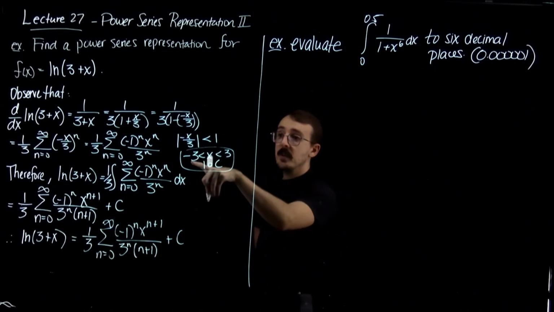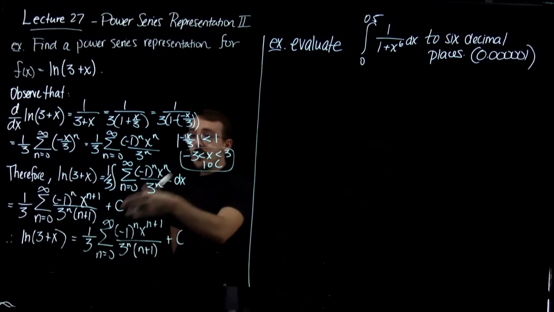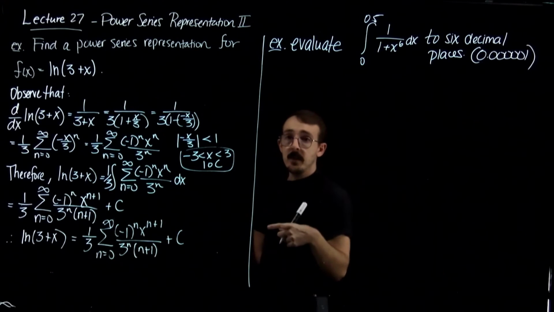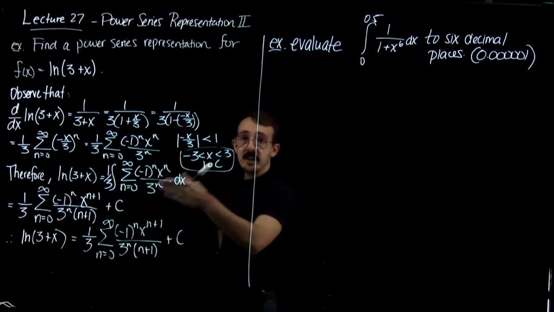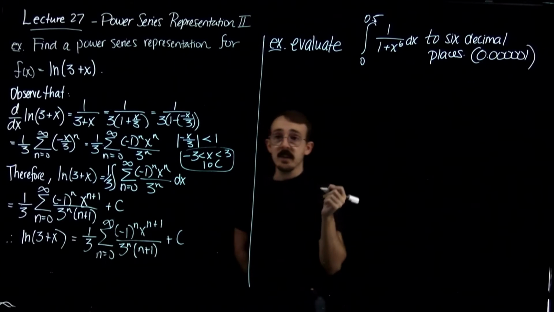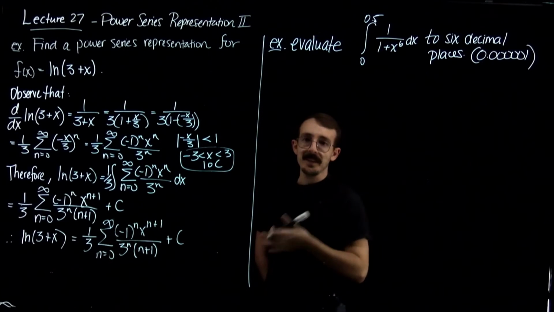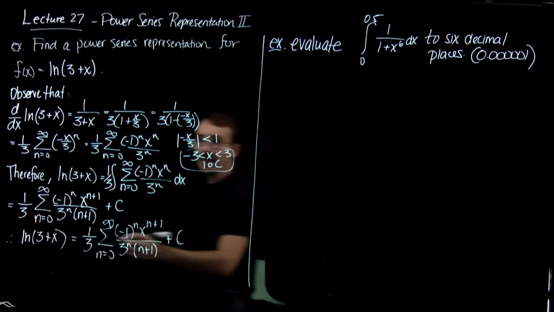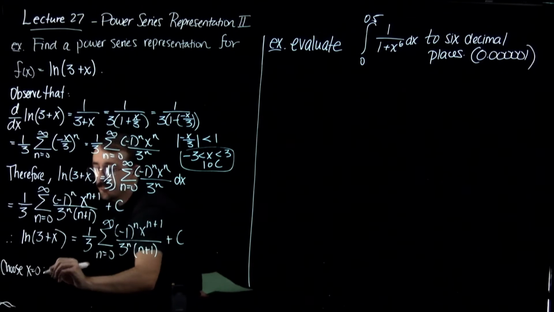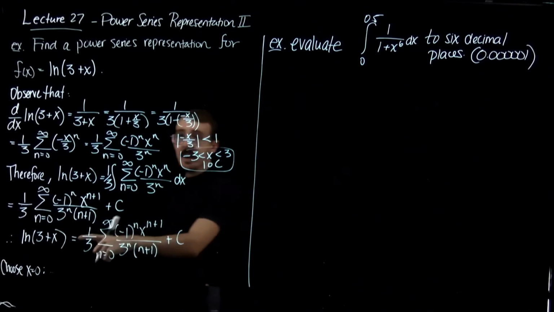It's certainly true strictly between negative 3 and 3. I have integrated this, so I may have also possibly introduced the endpoints as well. I'd have to check that, but I don't need to, because the value that I'm going to choose for x to find c is 0 again, just like the last one. I think that's the most convenient choice. So I'm going to choose x equals 0 because it's inside the interval of convergence. It's valid to choose that.